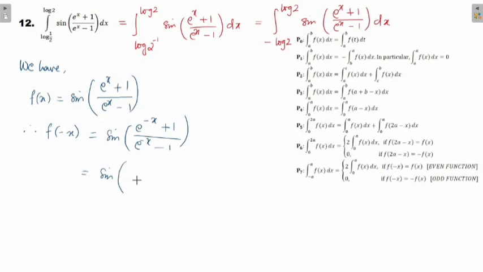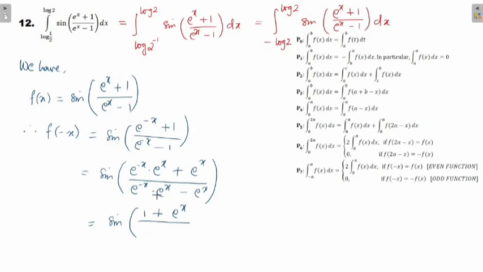If you do that, you get e to the power x times e to the power minus x, which is e to the power 0, which is 1. So the numerator is 1 plus e to the power x, and the denominator is 1 minus e to the power x.